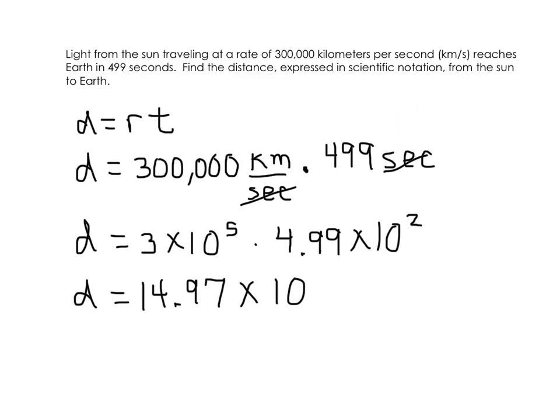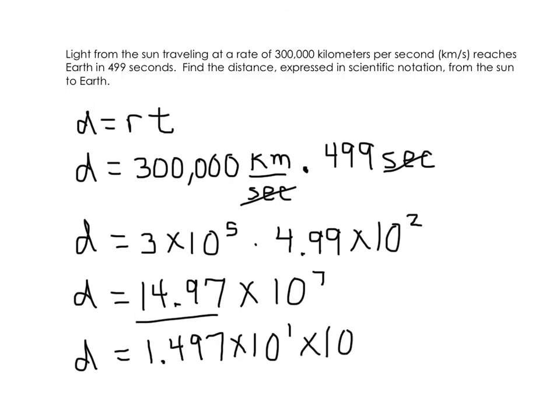And what about our powers of 10? 10 to the 5th, 10 squared, 10 to the 7th. This is not in scientific notation. 14 is a large number, but we need to make it a number between 1 and 10. We'll move the decimal between the 1 and the 4, so 1.497 times 10 to the 1st times 10 to the 7th.